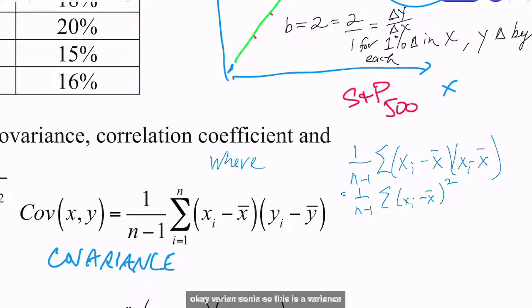So this is a variance, right? The covariance of x with x is really the variance.